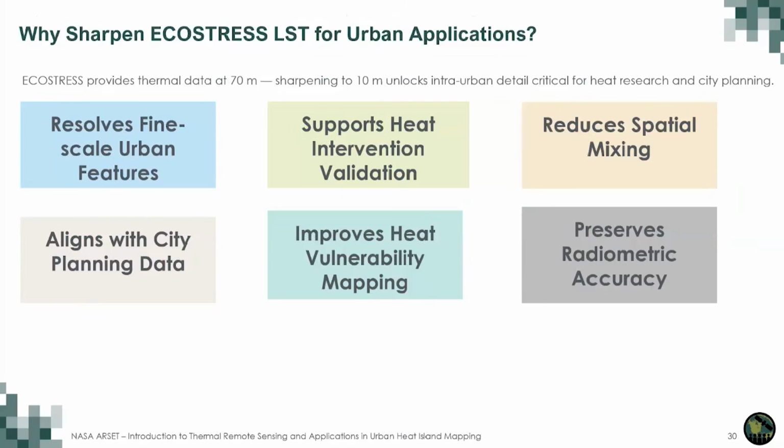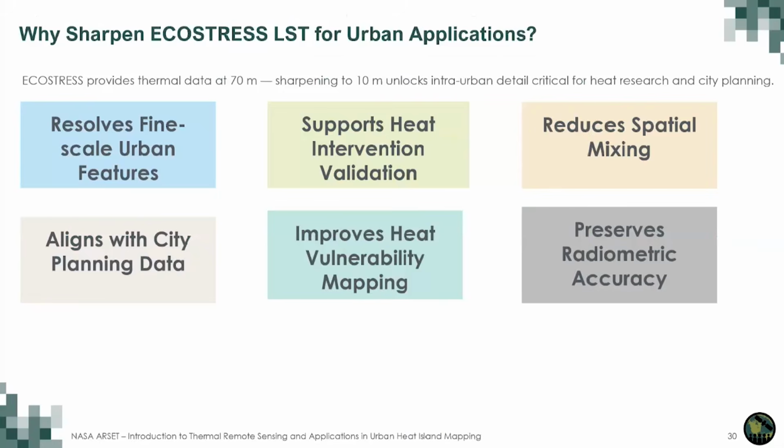So why sharpen ECOSTRESS down to these levels? What are the primary urban applications and what are our reasons for doing this? Well, there are 6 concrete reasons here. Firstly, we're able to resolve urban features from the 70-meter down to the 10-meter scale: streets, parks, rooftops, blurred together at the 70-meter scale, and we're able to resolve those.